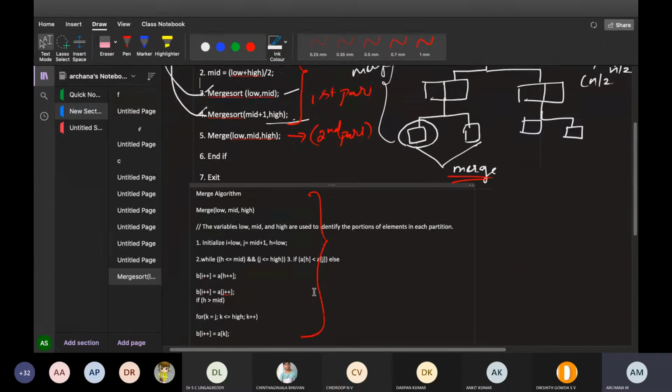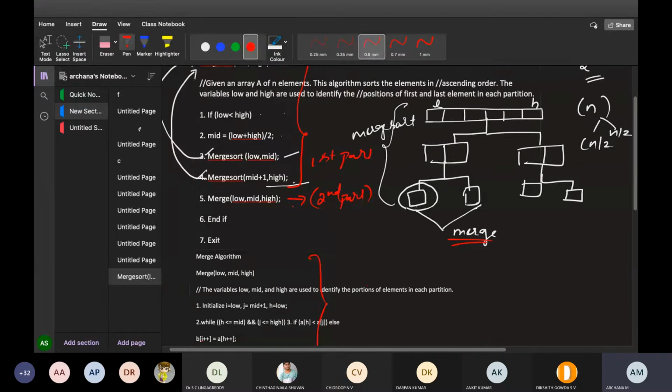Then in the merge part, what will we do? We will combine these two. We will merge them, and after merging these two, I'll get the answer for this. So the merging of this is the solution for this. This is merge 1, this is merge 2, and I get the solution for this.